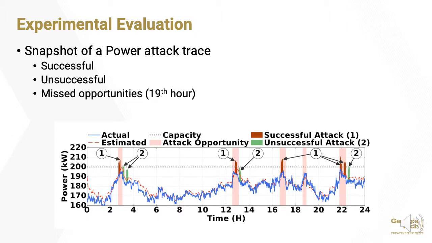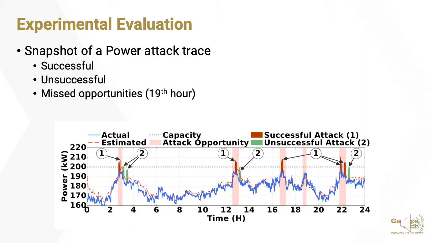We see some successful attack points labeled as 1 that can create prolonged overloads of the shared capacity. Now, an actual outage may not always occur after the overloaded capacity, but these show the best times to create an attack.